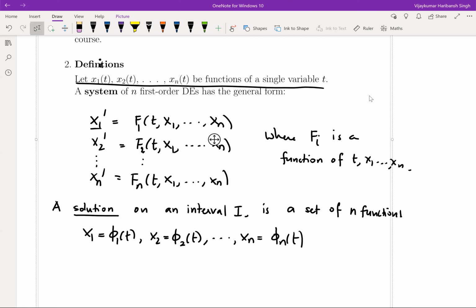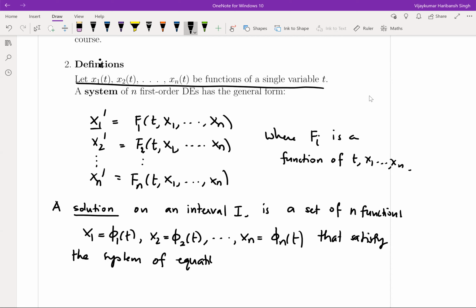So that satisfy the system of equations, or system of differential equations, at all points in I.